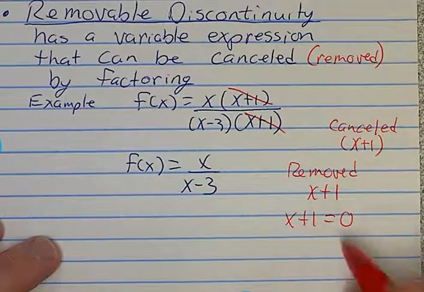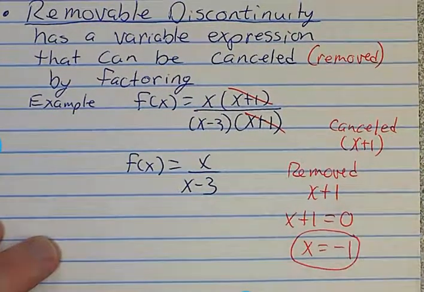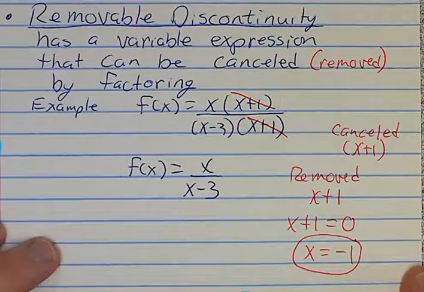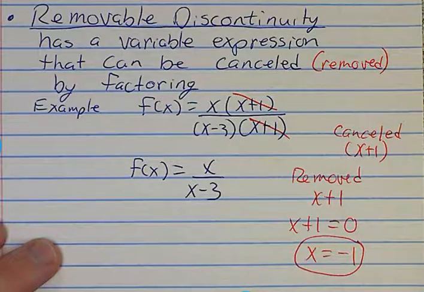And for that one, just subtract 1 from both sides. So that would be negative 1. And basically that's going to mean that there's a gap, there's a hole, something in the graph that's going to happen at negative 1.